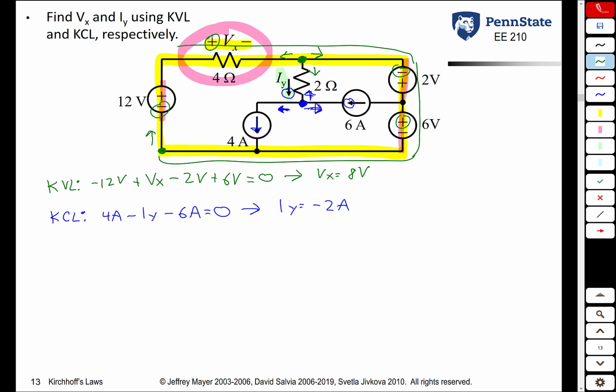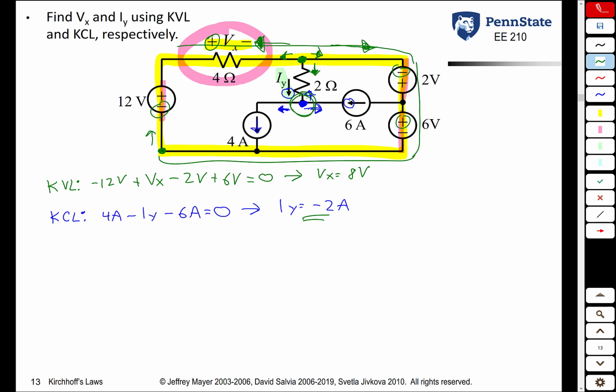However, when I try to write the equation, what's the current in this branch to the left? We don't necessarily know that. And what is the current in this branch to the right through this 2 volt source? We do not know that either. So although the sum of these three currents does have to equal 0, it doesn't give us the answer as easily as it does when we use the other node.